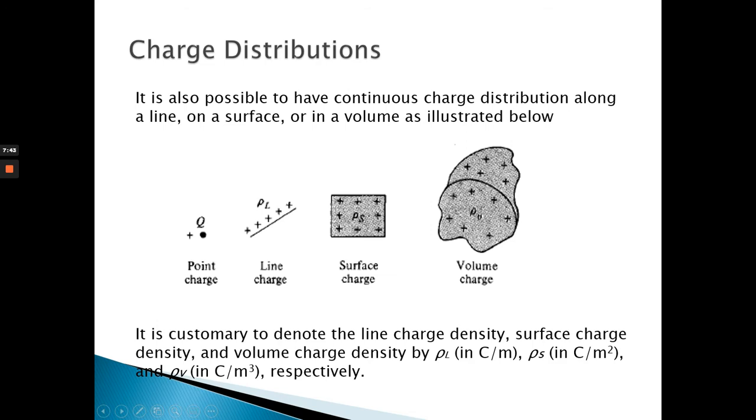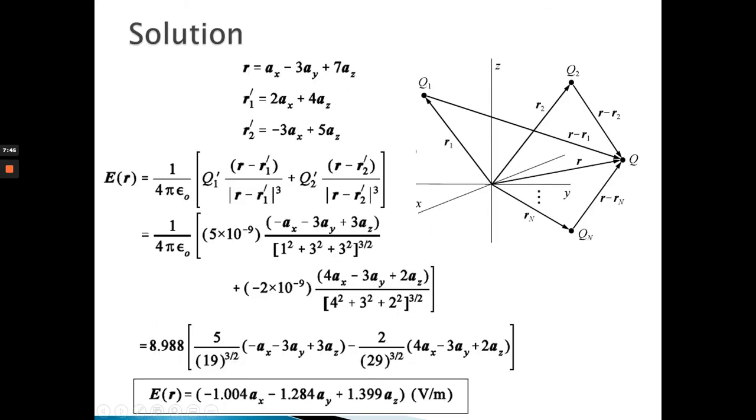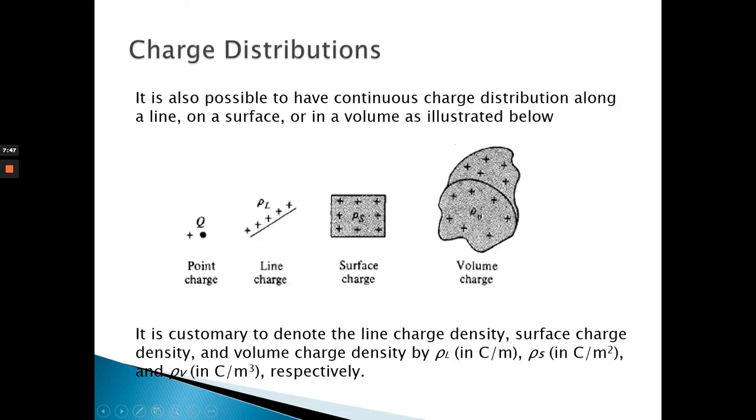One is point charge. That's what we have dealt with so far. Another kind is line charge, meaning a charge stream which follows a line. Another is called surface charge, meaning a surface full of charges.